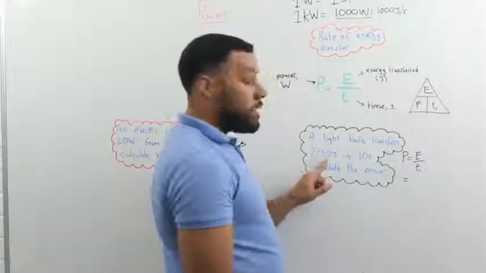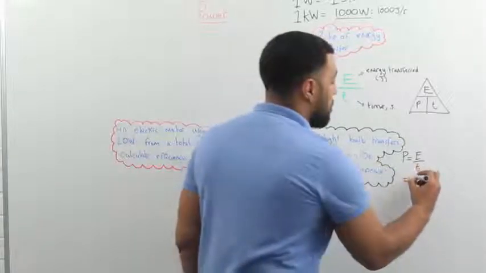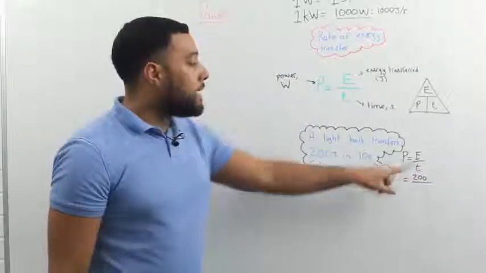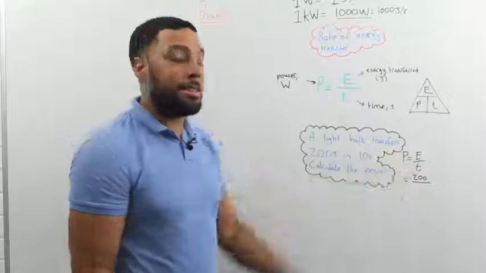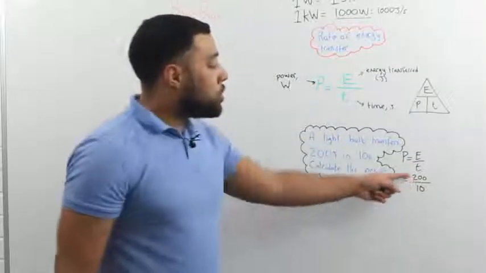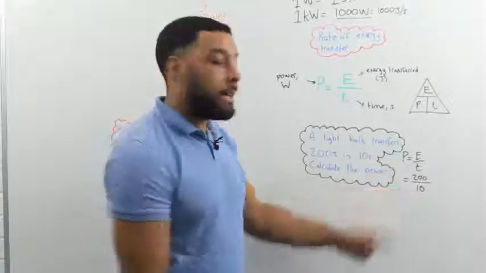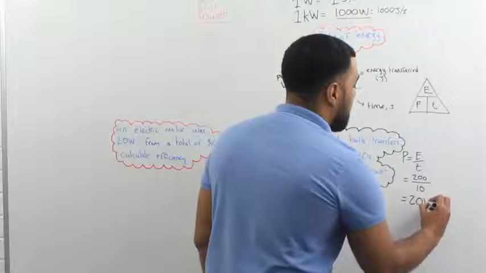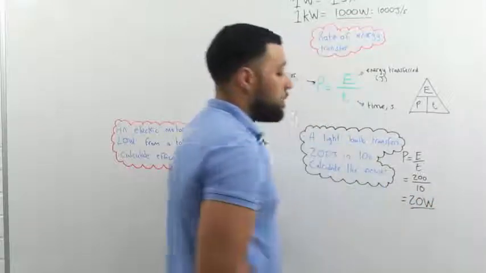The energy is 200 joules. And the time is just 10 seconds. So 200 divided by 10 will give us a power of 20 watts.